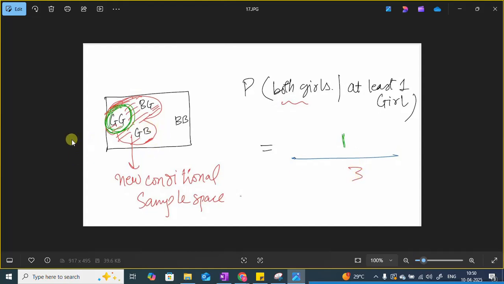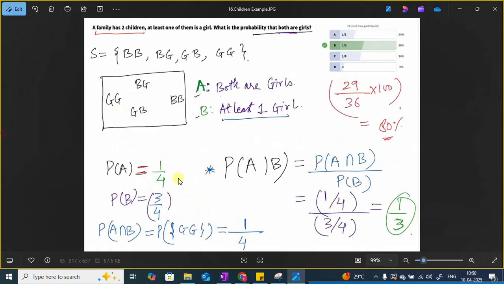If you know the conditional probability concept, within one line I am getting the answer. But if you don't know, go through the formula step by step: find P of A, P of B, P of A intersection B, put them in the formula and get the answer. Like 4-5 lines you have to write.